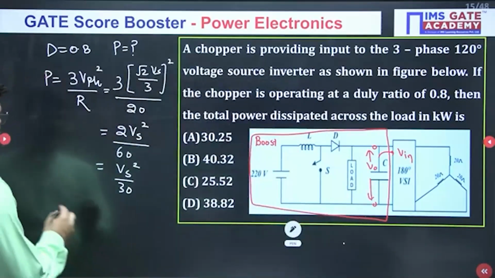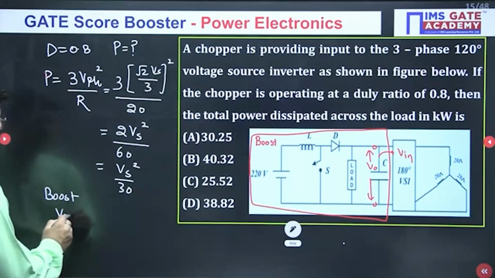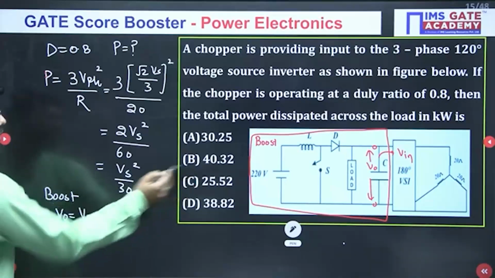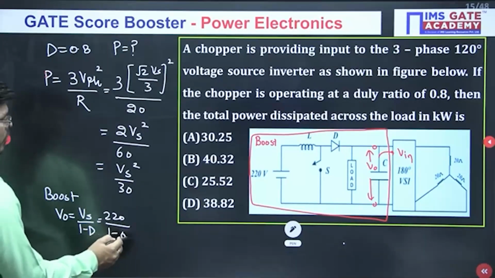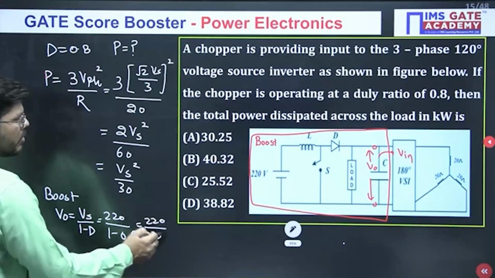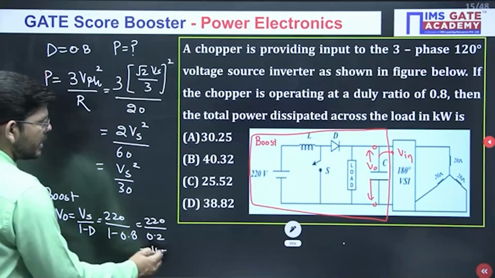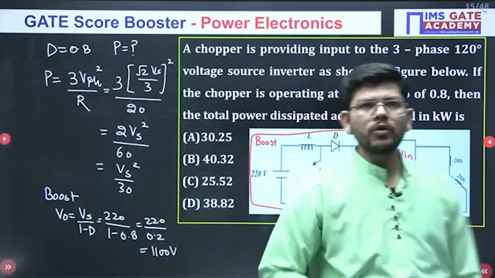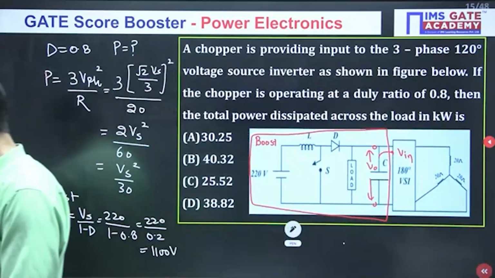For a boost converter, the output voltage is input voltage divided by 1 minus D. So the input voltage for the boost converter is 220 divided by 1 minus D, where D is 0.8. So how much will we get? 220 upon 0.2, so I think it will be 1100. So 1100 volt will be the output voltage of the boost converter, or the input voltage.